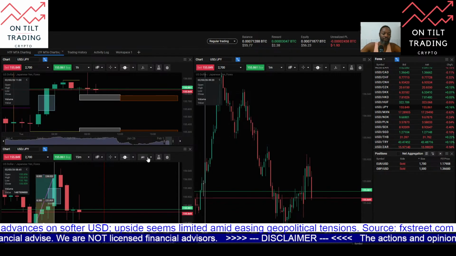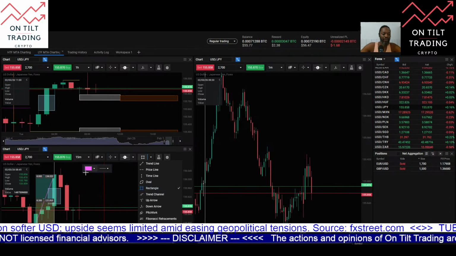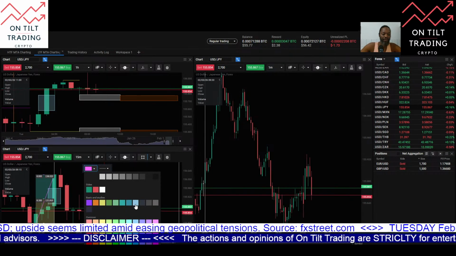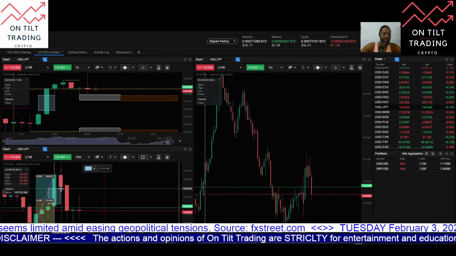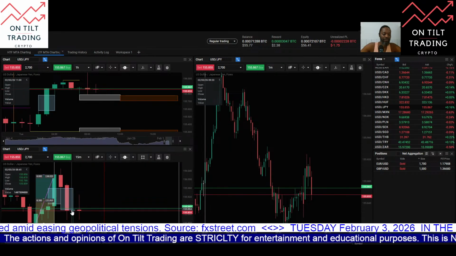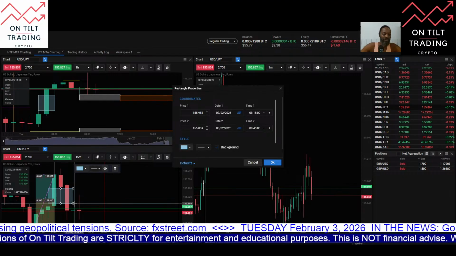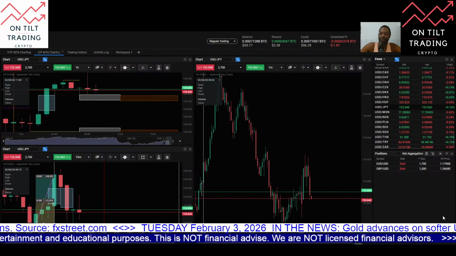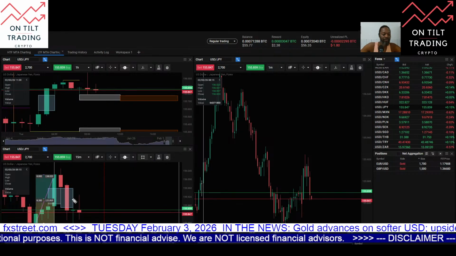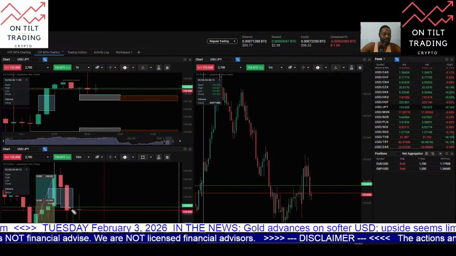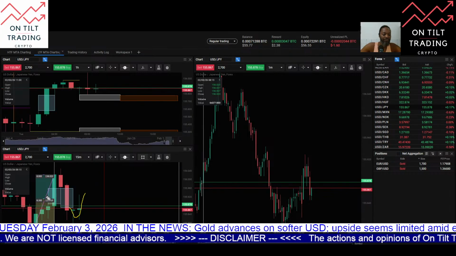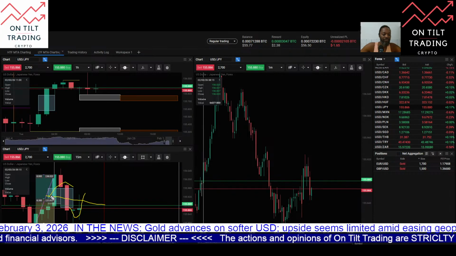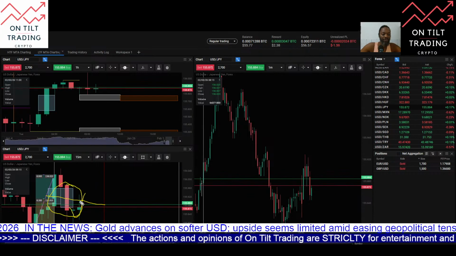Also, you can see here with that inverse fair value gap, a balanced price range looks to have been put in here. And then you can see price from this inverse fair value gap pull back into this newly formed bearish fair value gap.